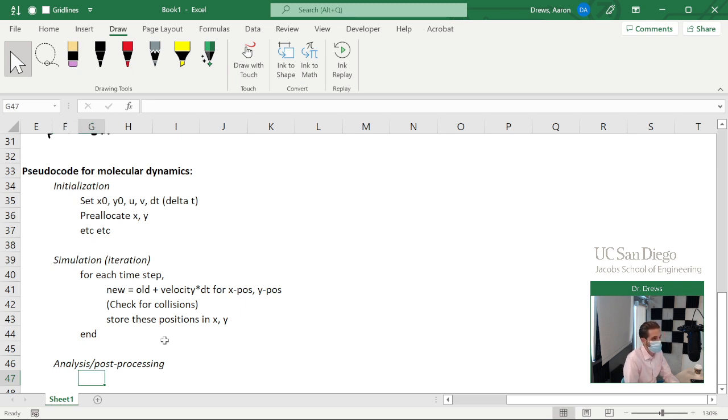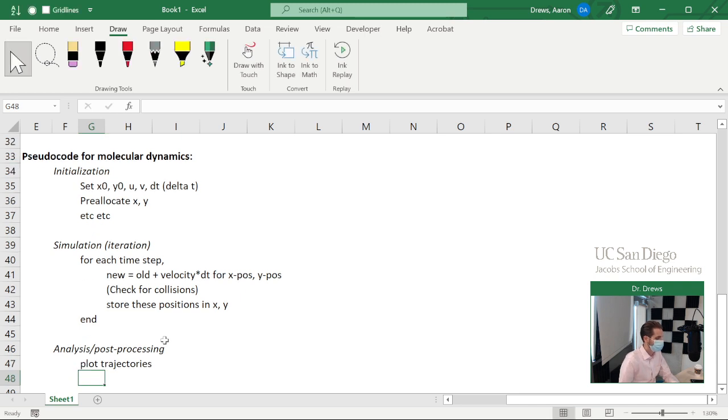And here, what we're going to do is plot the trajectories. So that's going to give us a plot that looks like what we just saw a moment ago, where we've got little dots on a grid or something like that. But there could be all sorts of different things that you might have to do with post-processing. This sort of a setup of initialization and then calculation and then post-processing, it's illustrated here from molecular dynamics, but really it's for any problem that we end up solving in a computer.